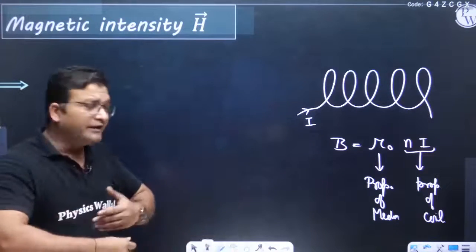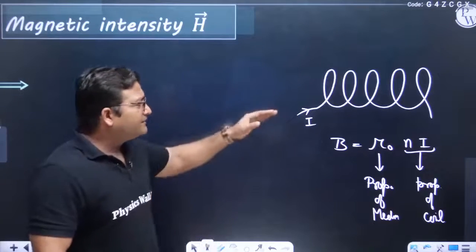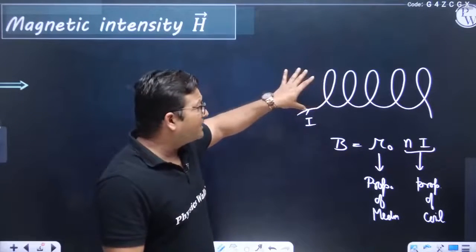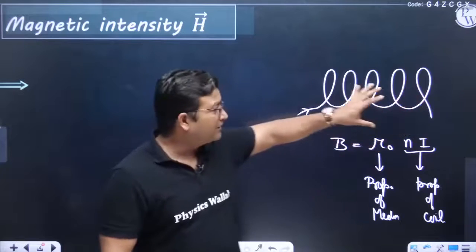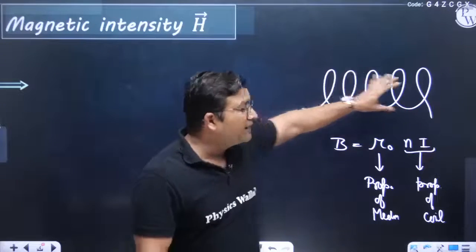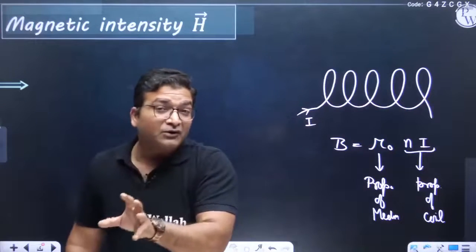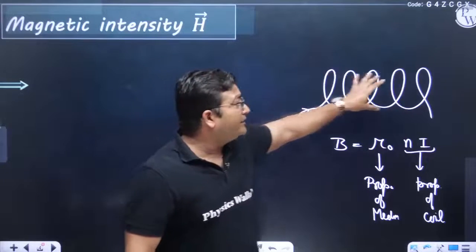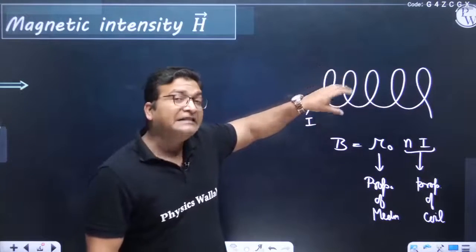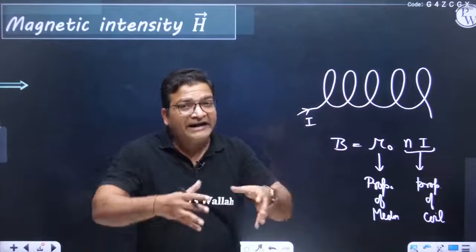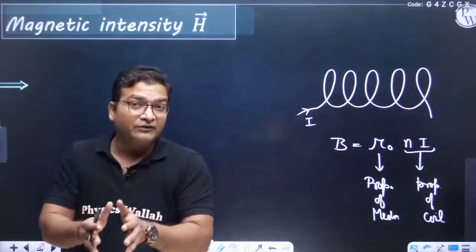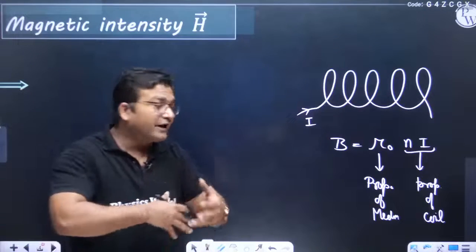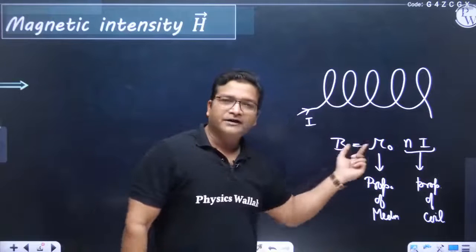Another way of saying this is that the coil creates a different kind of magnetic field that only depends upon the coil's properties, and that magnetic field, when it interacts with the medium inside the solenoid, gives the resultant magnetic field B.